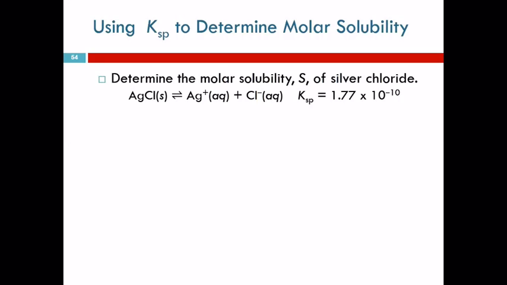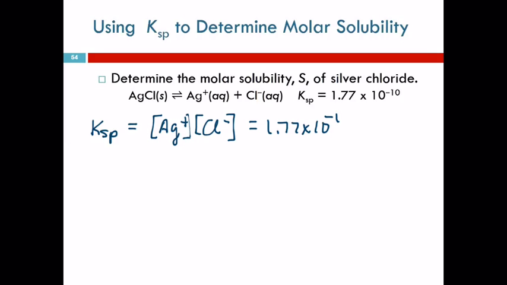What we're going to do is write the KSP expression. So KSP equals the silver ion concentration times the chloride ion concentration, and that is equal to 1.77 times 10 to the minus 10.